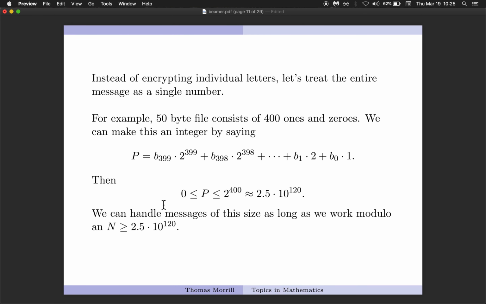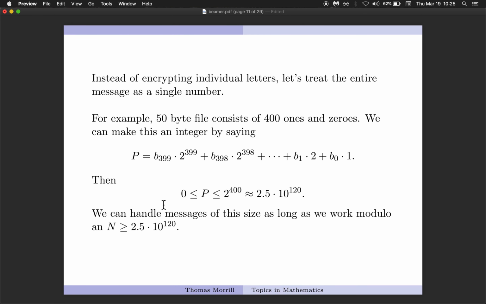So if p is our plain text, again, this is just some very large integer, the digits in base 2 that represent p are exactly the bits that represent some piece of digital information. The ciphertext that we're going to get is going to be p raised to some power e. So it's just exponentiation.